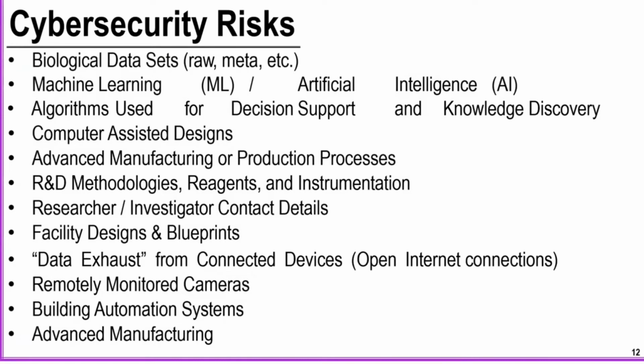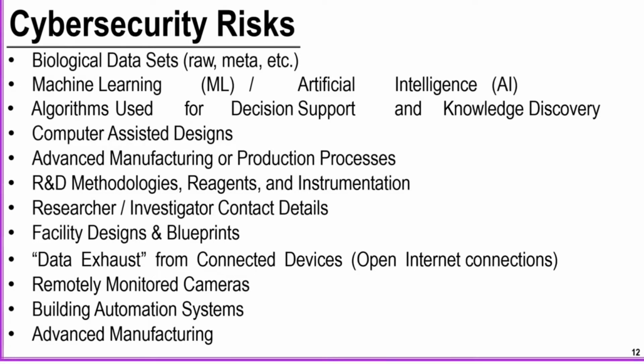From a cyber biosecurity perspective, some other areas of concern are biological data sets, research and development methodologies, reagents, instrumentation, information about researchers, facility designs, and blueprints, remotely monitored cameras, and building automation systems.